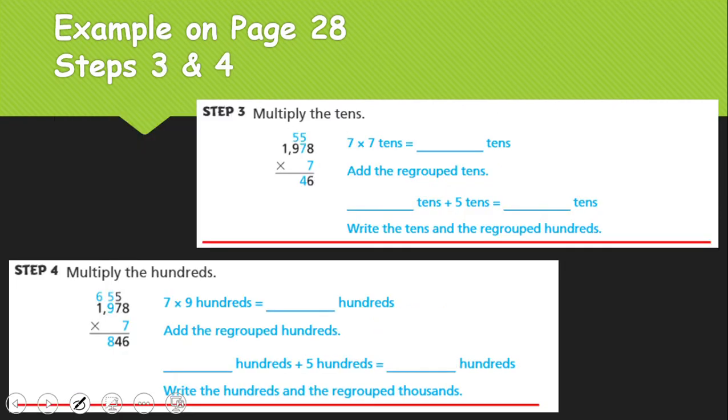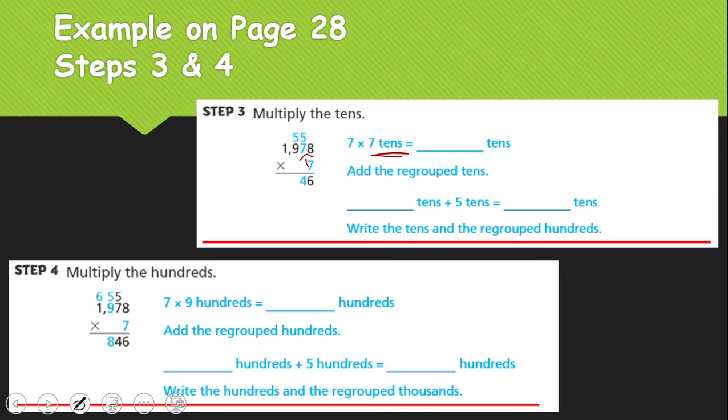Now after we have multiplied our ones, we need to move to the next place value to the left, which is our tens. Now we have to multiply our 7 times our 7 tens. Let's just erase that. I'm going to use a darker color. So you need to multiply your 7 times your 7 tens.